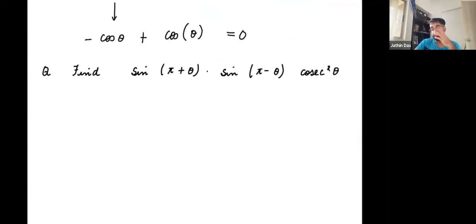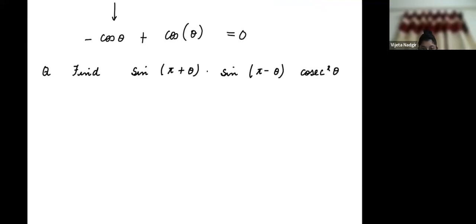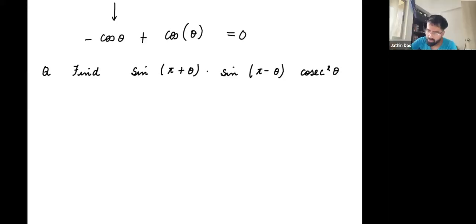Next. Tan square theta. Wait. Sub into है ना?